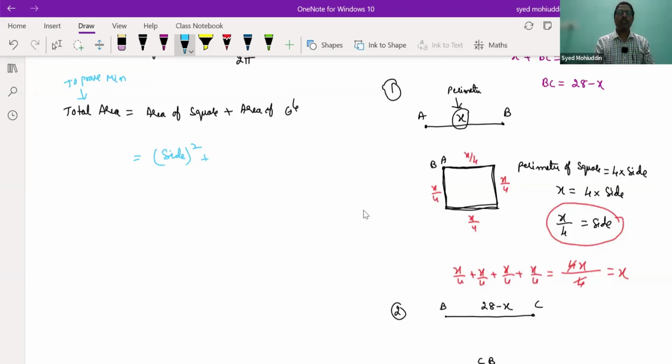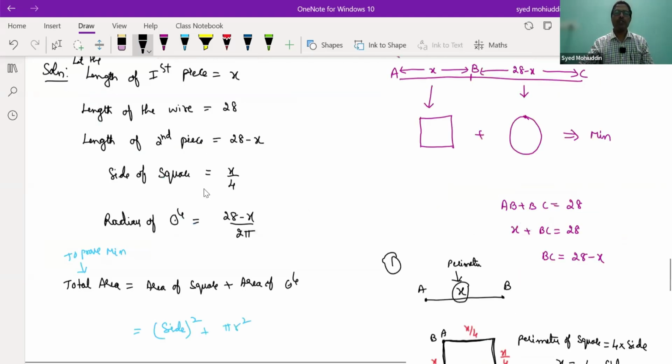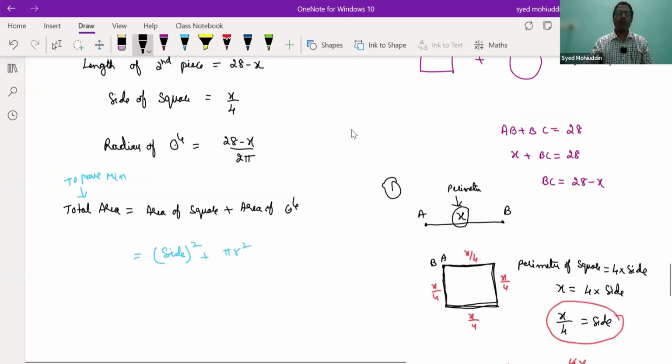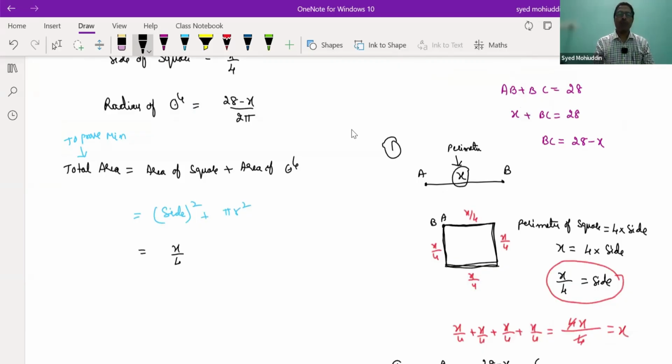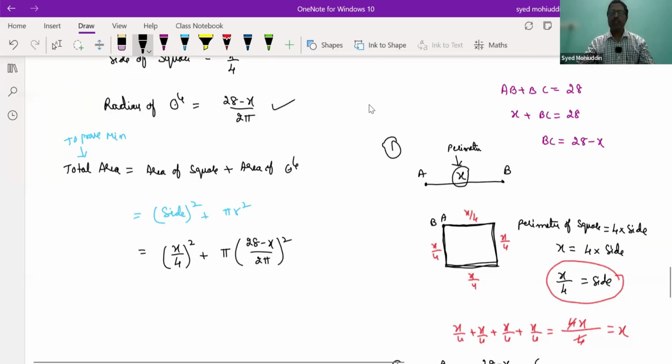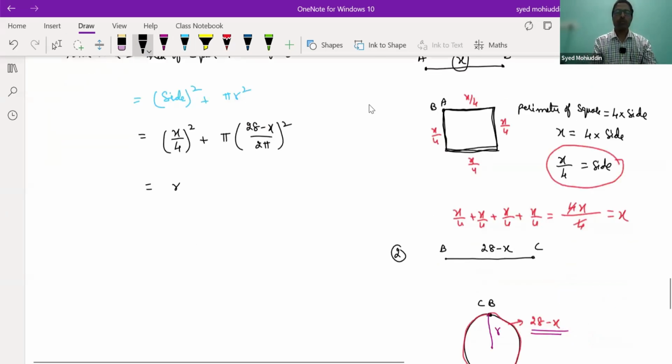So we obtained the side. The side of the square is x by 4, so just plug in that x by 4 over here. It is x by 4 whole square plus pi times the value of r that we have obtained, 28 minus x divided by 2 pi, and it is squared. Now we need to simplify this. x square by 4 square will be 16, plus pi, and in the numerator we have 28 minus x squared. The denominator is also squared, so 2 square will be 4 and you have pi square.